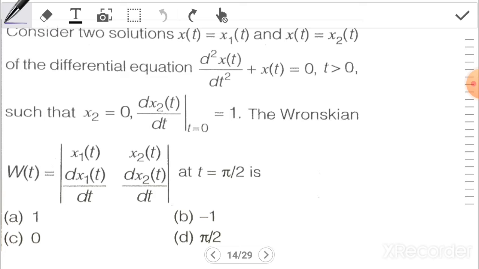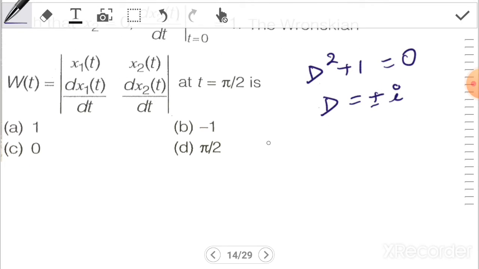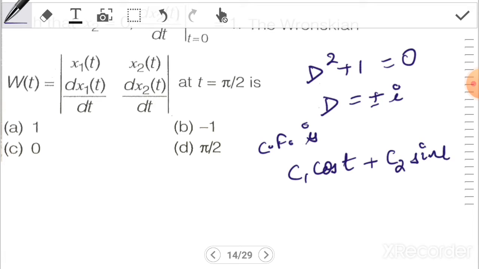So given the auxiliary equation is D square plus 1 is equal to 0, then D is equal to plus minus i, then the complementary function will be equal to c1 cos t plus c2 sin t.